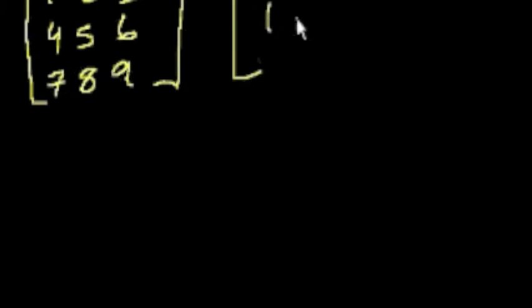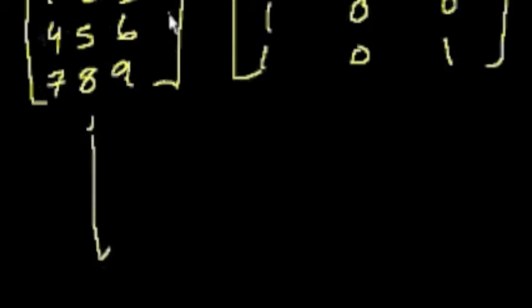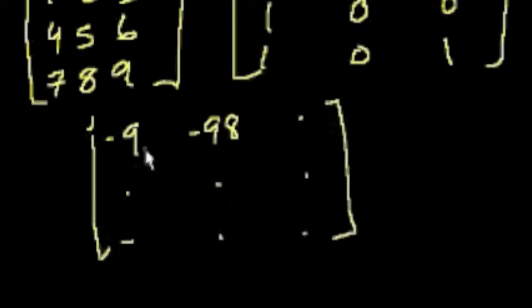I'm making up numbers. 1, 0, 0, 1, 0, 1. You can add these two matrices, right? Because they have the same number of rows and the same number of columns. So, for example, if you were to add them, the first term up here would be 1 plus -10, so it would be -9. 2 plus -100, -98. I think you get the point. You would have exactly 9 elements, and you would have 3 rows and 3 columns.